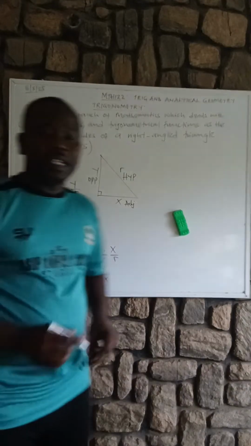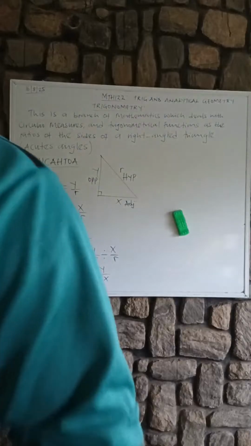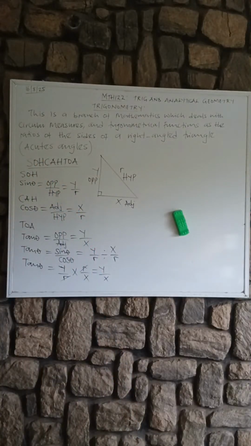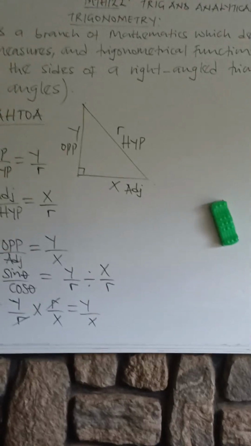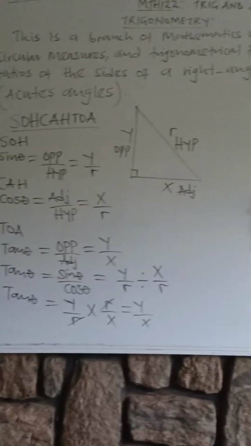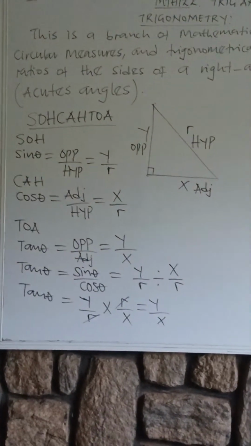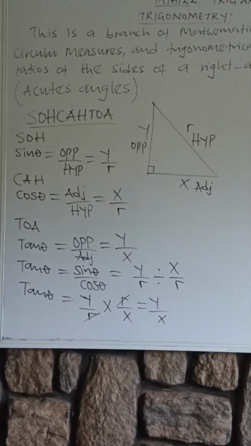You can now see that tan theta is the same thing as sin theta all over cos theta. Okay, hope you are following.